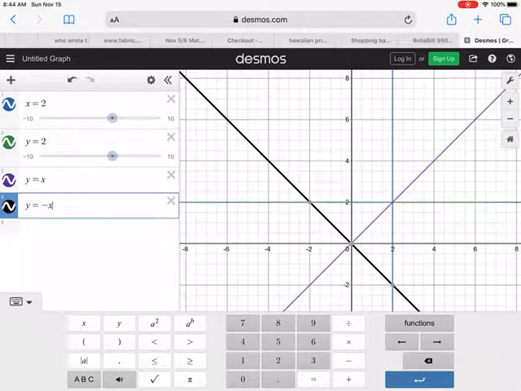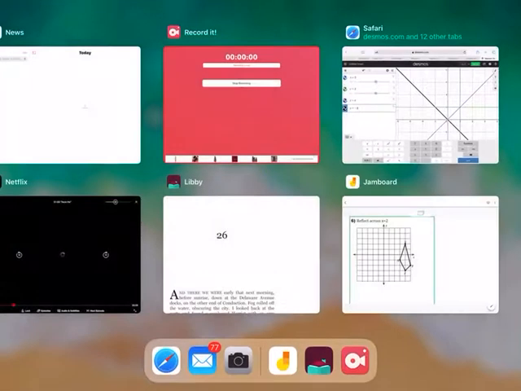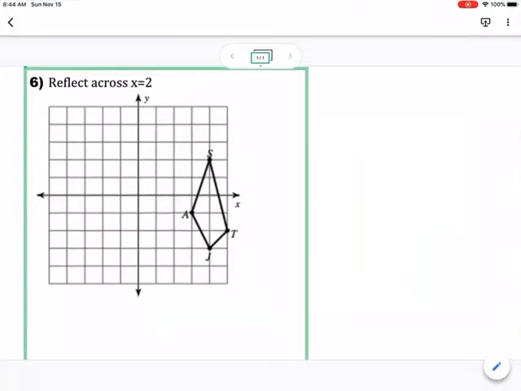So these are the different kinds of lines that you'll be drawing and using them as mirrors to reflect across today. So just popping back over to Jamboard, if we have a line that says x equals 2, the way to do this is to find x equals 2. So again, that's a vertical line, and we show our mirror by drawing a dotted line, and then you're just going to reflect it by reflecting each point.